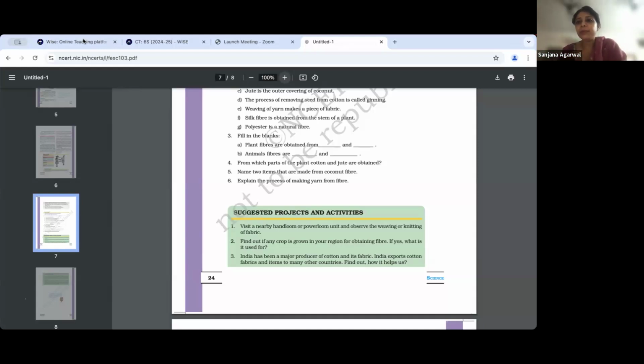Write the question. What will happen if we pull the yarn from a torn pair of socks? Why so? Answer.